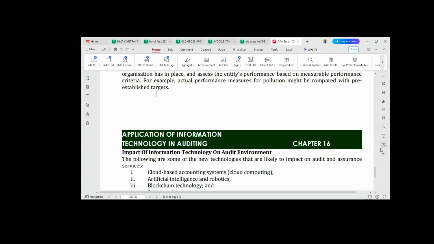So let's go on. Like I said, this also is looking at how IT has impacted the audit environment, okay? How IT has impacted the audit environment.